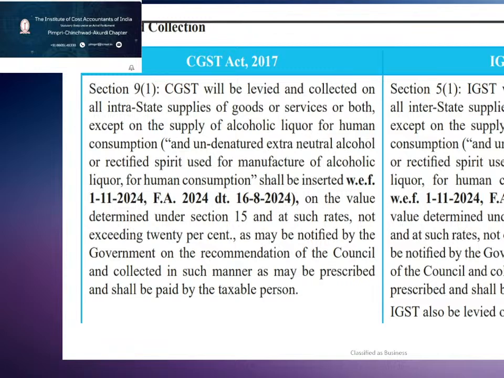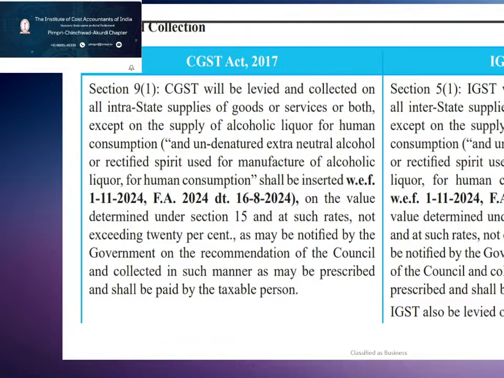Then the value of exempt supply of services by way of extending deposits, loans or advances, where the consideration is represented by way of interest or discount, shall not be accounted for in determining the value of turnover in a state or union territory. Then in this you can see the GST rates. If you are a manufacturer, then your GST is 1%. 1% means 0.5% is for CGST and 0.5% is for SGST.